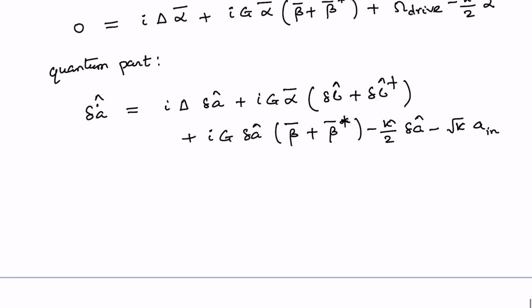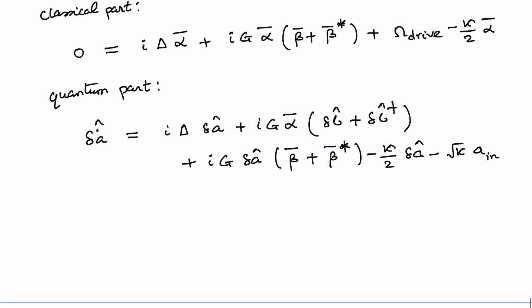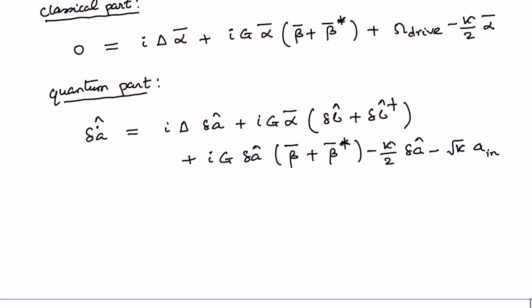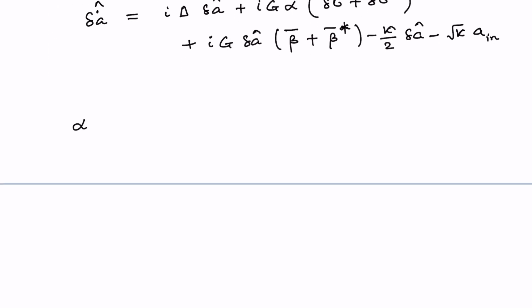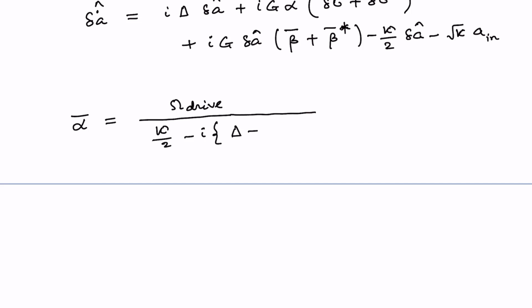Now from the classical part you can immediately get alpha bar. This expression you are going to get: omega drive divided by kappa by 2 minus i (delta plus Z (beta bar plus beta bar star)).